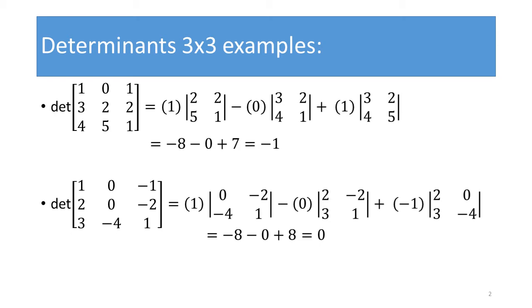Now we have to simplify these 2 cross 2 determinants. When we multiply, we get 0 minus 8. The second one will be 0 because the 0 is before the determinant, so any value will be 0.